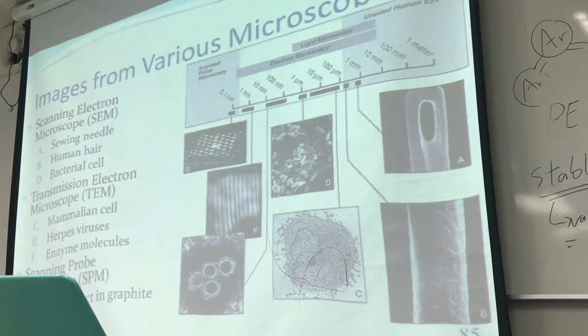When the scanning tunneling electron microscope came out around 30 years ago, people were very excited about it, because some scientists moved atoms. What you see here, these arrays, are atoms.